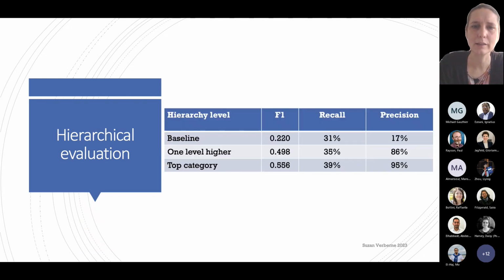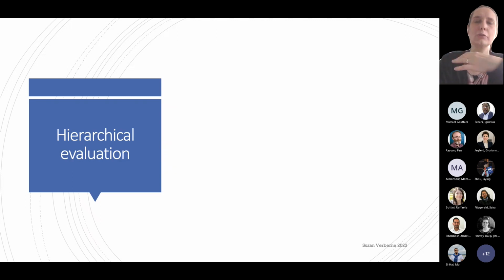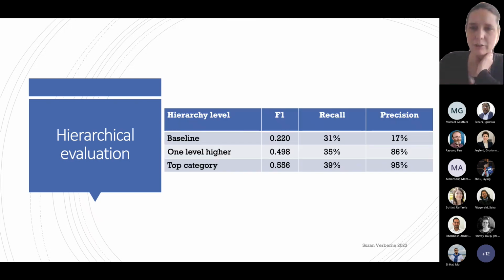So one thing that we did here is we not only looked in the ontology for the exact correct item, like something like blueberry juice, but we also saw, okay, maybe this was incorrectly mapped, but if we look one level higher in the hierarchy, it's still correct. So maybe then we could still have berry juice mapped. So this is actually what we found, and as you see, the results are much lower than for the side effects.